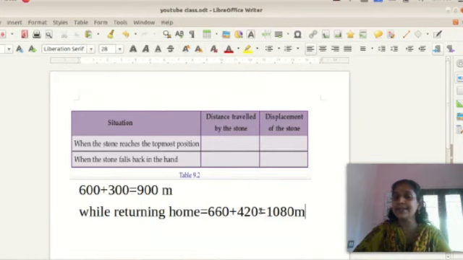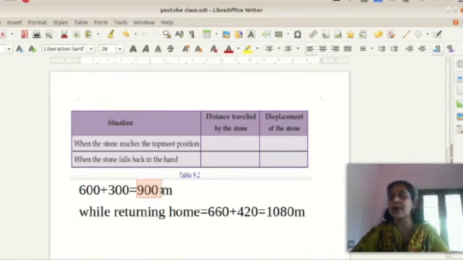600 and 400 is equal to 1000. 60 plus 20 is equal to 80. So the value is 1080 meters. When he went to the office, the total distance he covered is equal to 900 meters.